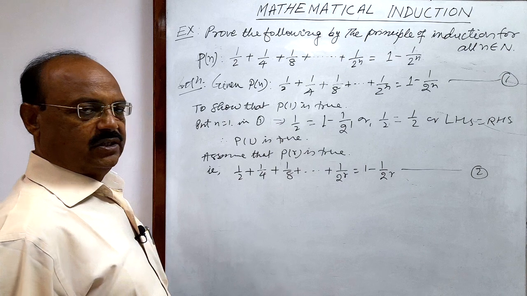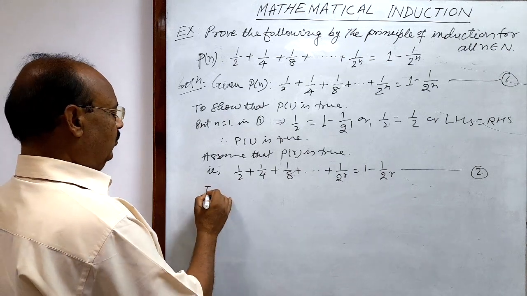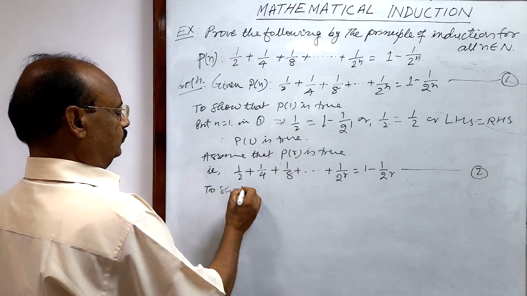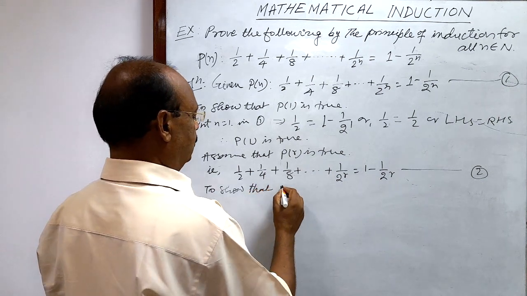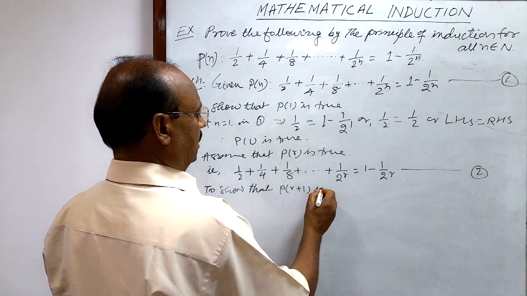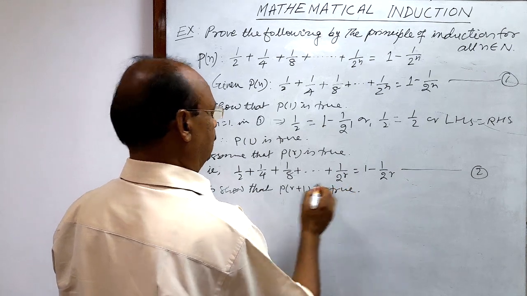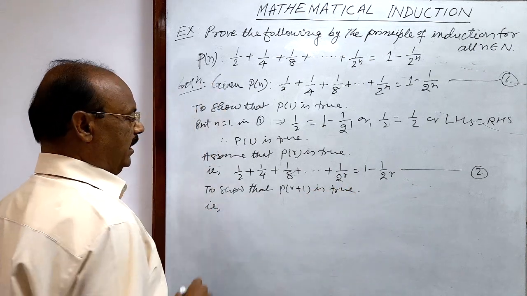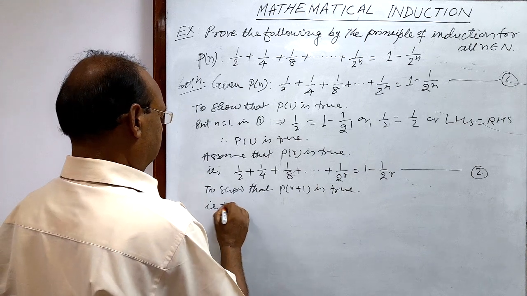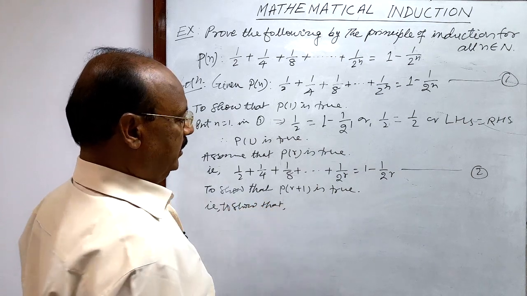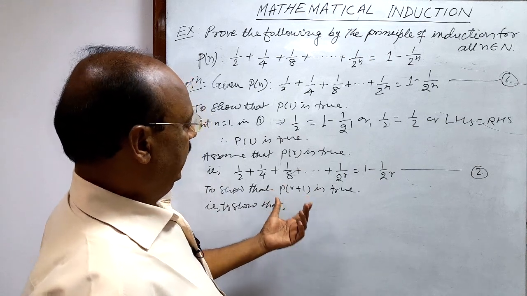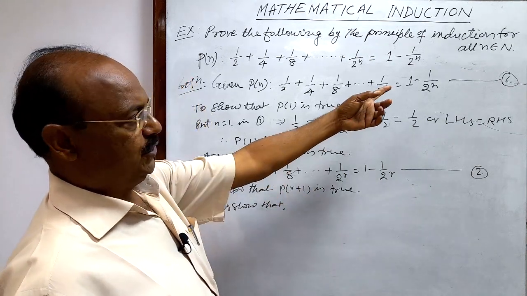And the third and last step, we have to show that Pr+1 is true. That is, let us put n is equal to r+1 in relation number 1.